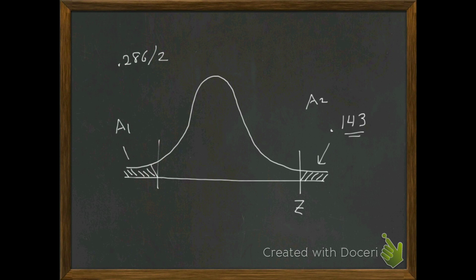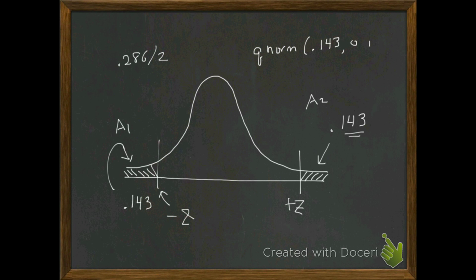Now you should know by now in a normal distribution using R that it's going to be in both tails. So if we want to find, this is going to be the negative z obviously, and this will be the positive z. What I could do is just use the Q function for the normal distribution. I have 0.143 with a mean of 0 and a standard deviation of 1.